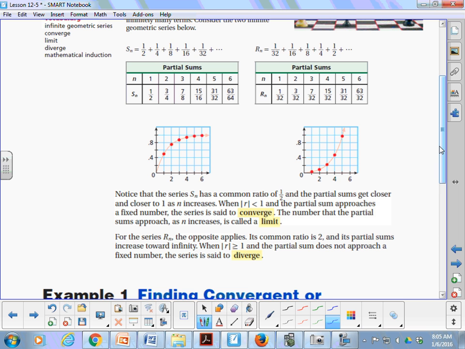So for the series that converge, the absolute value of r, the common ratio, is going to be less than 1, so the value of r is between -1 and 1. If the series diverges, then the absolute value of r is greater than or equal to 1.